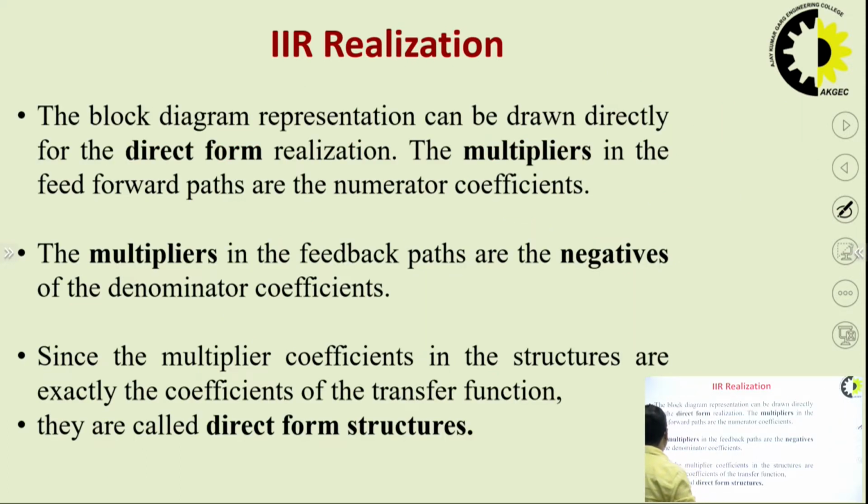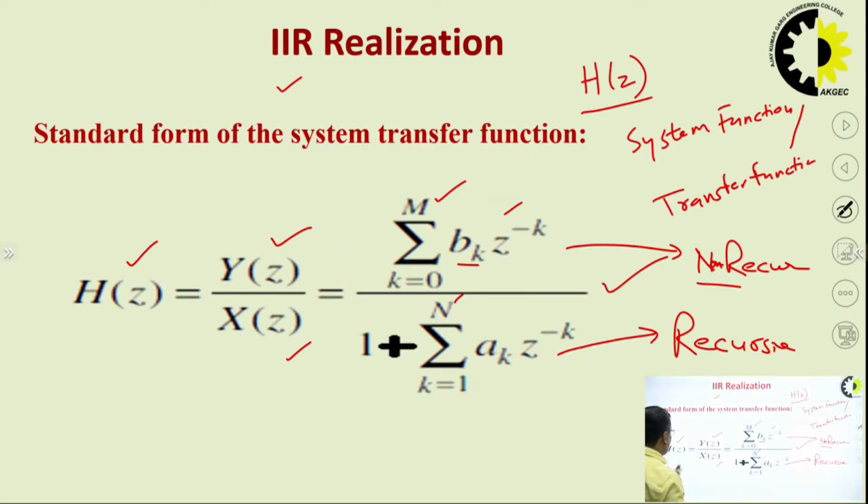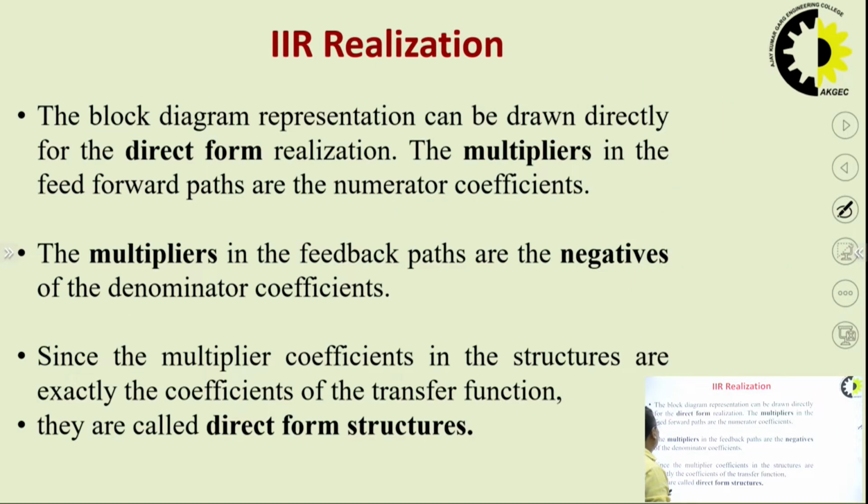Now, IIR realization. In this I am showing the mathematical standard expression for the IIR digital filter. About this I am writing in this PPT. The block diagram representation can be drawn directly for the direct form realization. The multipliers in the feed forward path are the numerator coefficients.